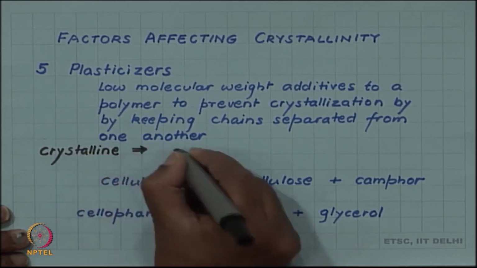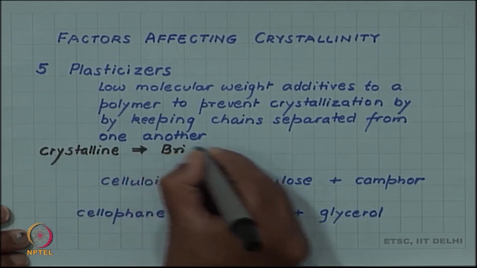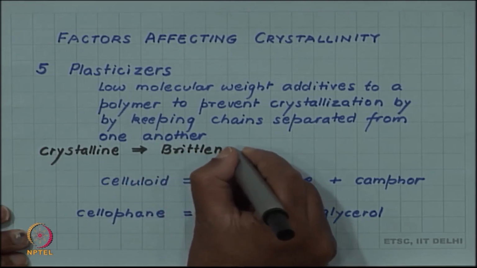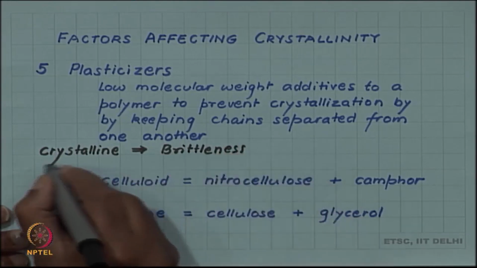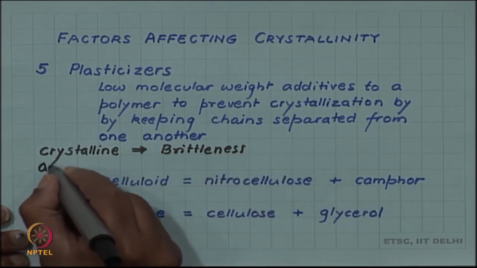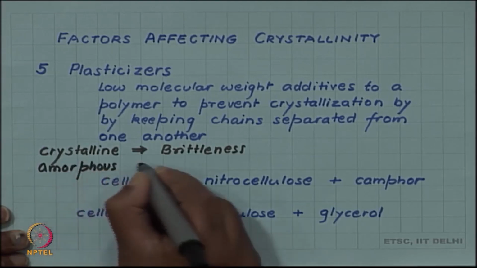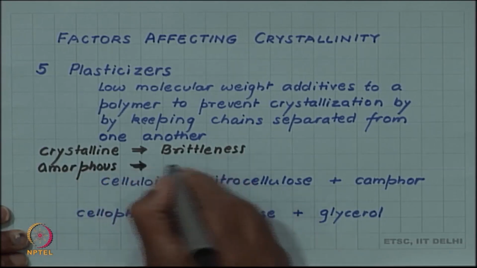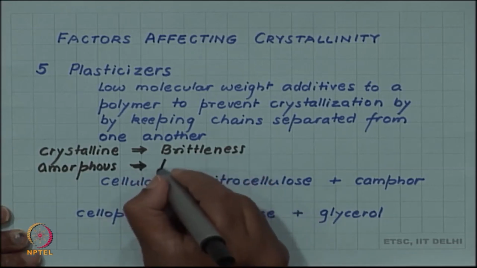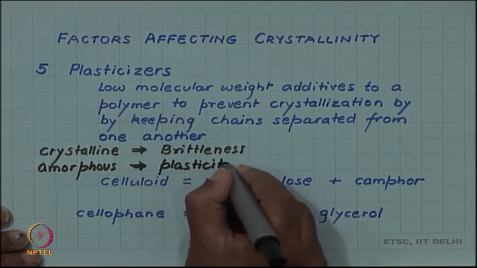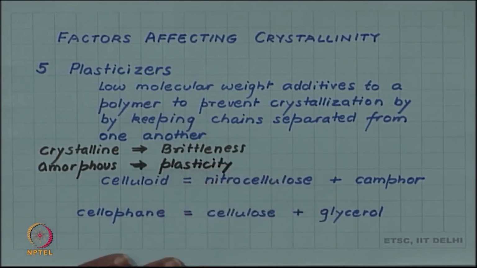Crystalline implies brittleness, whereas amorphous lends plasticity to the polymer. So, they can be deformed easily.